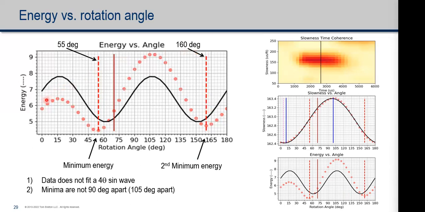I try to fit this with essentially a 4 theta sine wave in 360 degrees, or a 2 theta sine wave in 180. The model doesn't match the data very well, primarily because the minima in energy are not 90 degrees apart, as the assumption of this model would have.